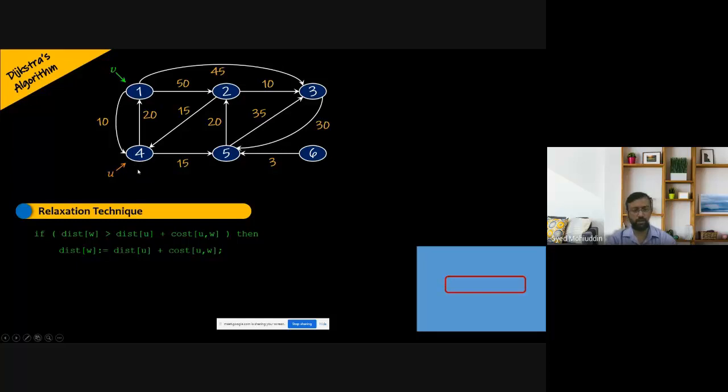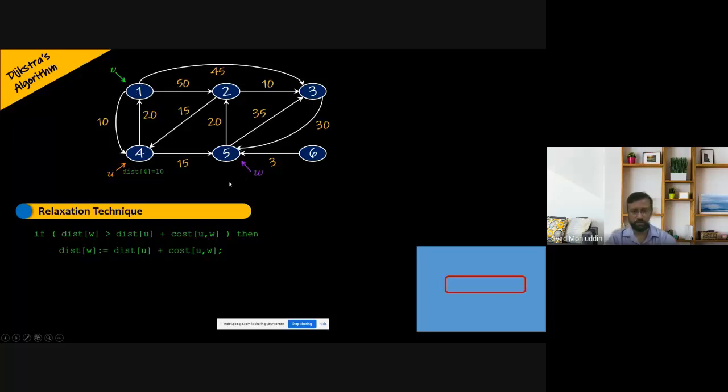The distance of 4 is from vertex 1 to vertex 4, that is 10. That directly is the cost of the direct edge. So the distance of 4 from 1, because 1 is the source vertex, is 10.